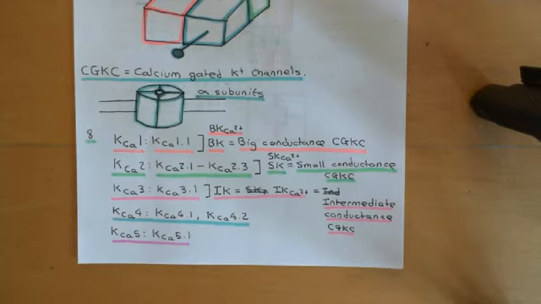And we discussed that not only are these things gated by calcium, but also, nicely, they're gated by voltage as well. And we've seen how similar their structure is to the voltage-gated potassium channels and how we believe that actually the mechanism by which voltage causes them to open is basically exactly the same as for voltage-gated potassium channels.